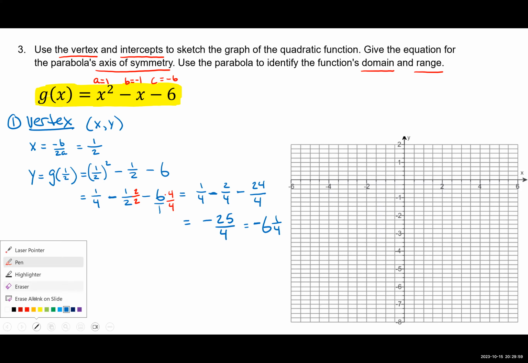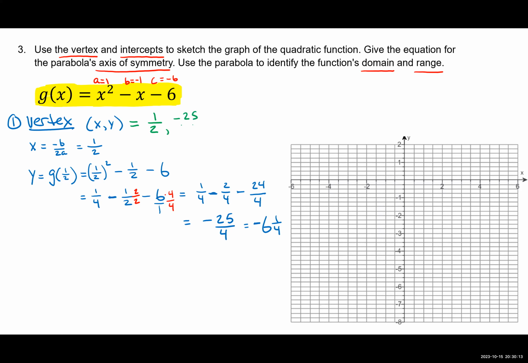All right, so this is very similar to problem number 2. So our vertex is the point 1/2, comma, negative 25 over 4. That's one point on the graph that we know.